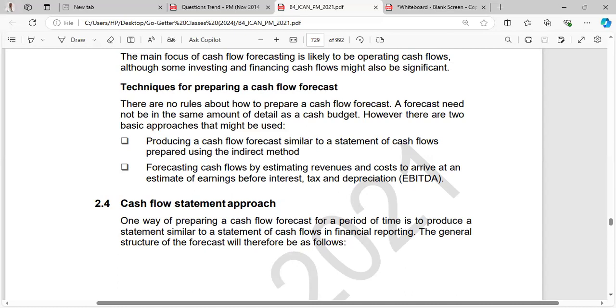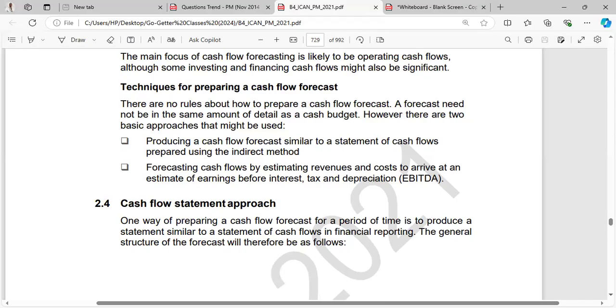The indirect method of cash flow, you need to begin with your profit before tax, you add back depreciation, you add back all those things that do not require the movement of cash. You deal with working capital items and all that. These are indirect cash flow statements.